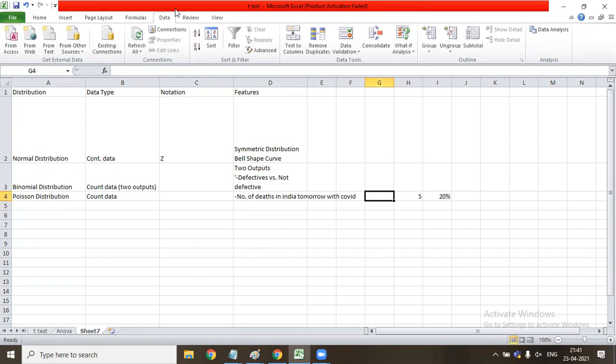So in India, if I say 500 deaths, 20% probability; 750 deaths, 50% probability. So it means it gives the probability also. Every binomial, Poisson, normal will give you the probability. So these are the probability distributions.